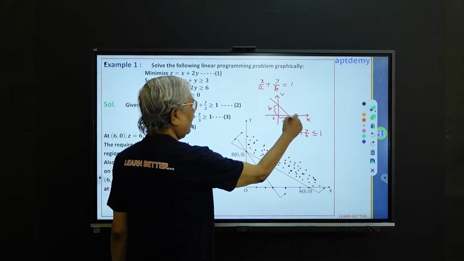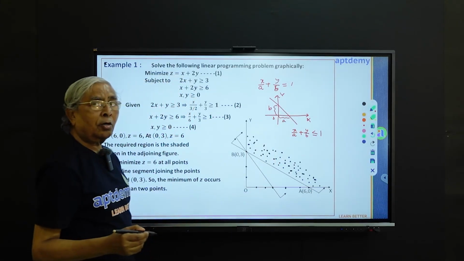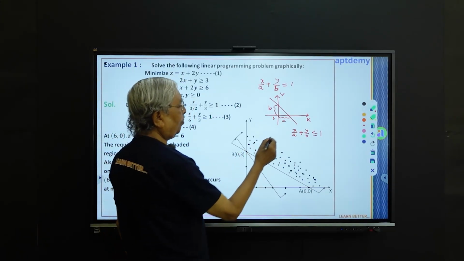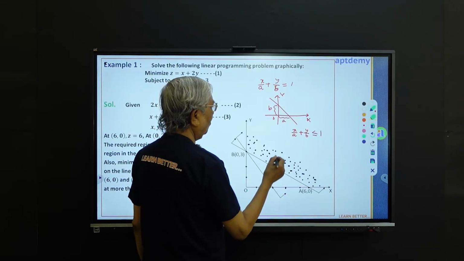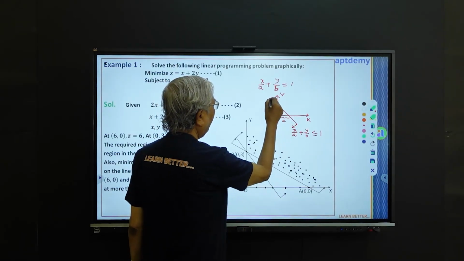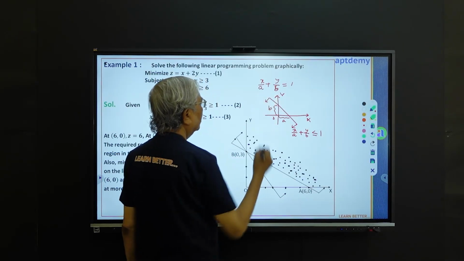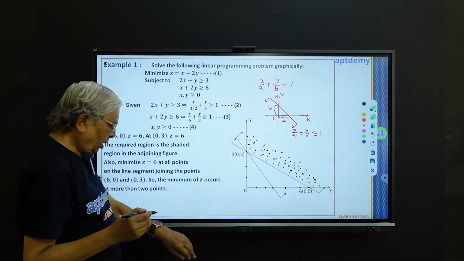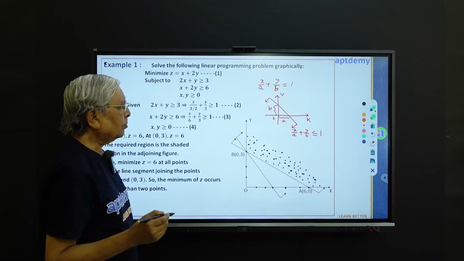What do you mean by x by a plus y by b less or equal to 1? Towards the origin means you give an arrow. So this is the region towards the origin.